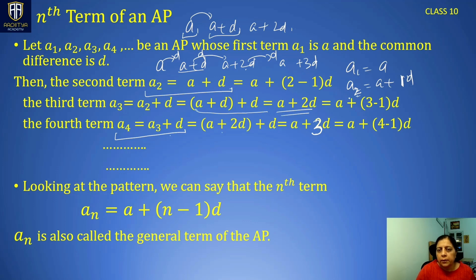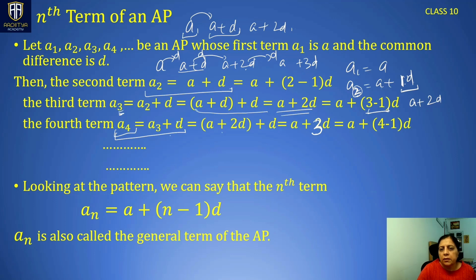See the format here. The second term is a plus 1d. Then in the third term, the coefficient of d becomes a plus 2d. That means it is 1 less than the number of the term.